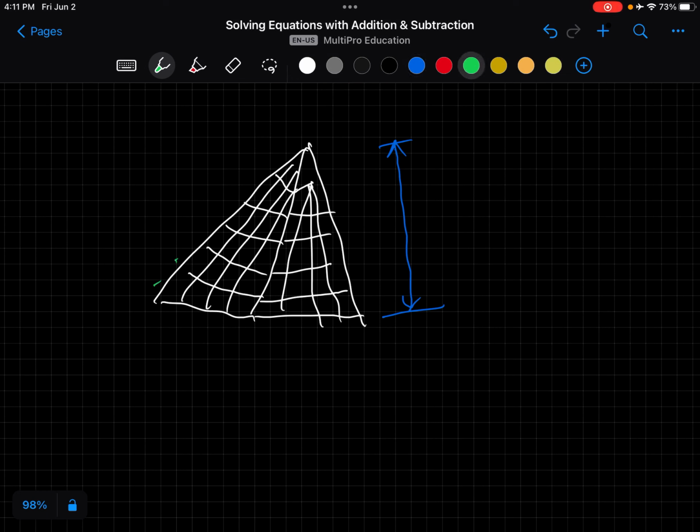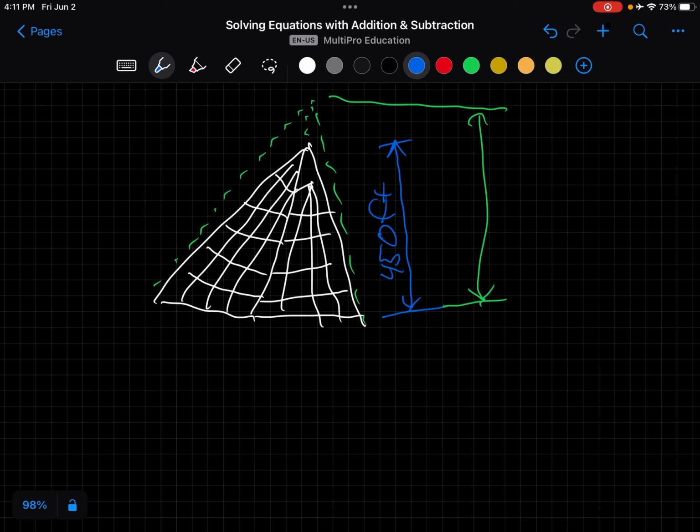And this great pyramid actually used to be taller. So nowadays, this great pyramid is 450 feet. And this great pyramid used to be 481 feet.